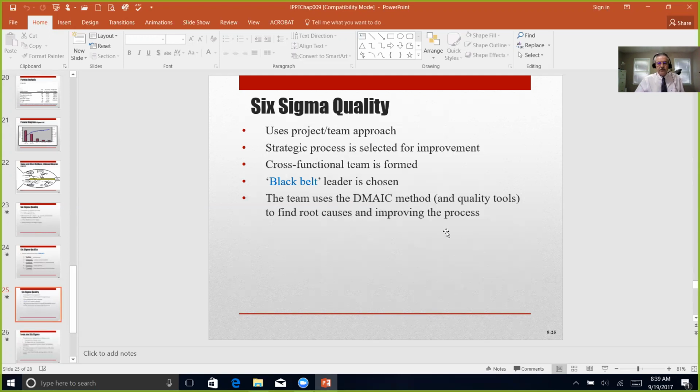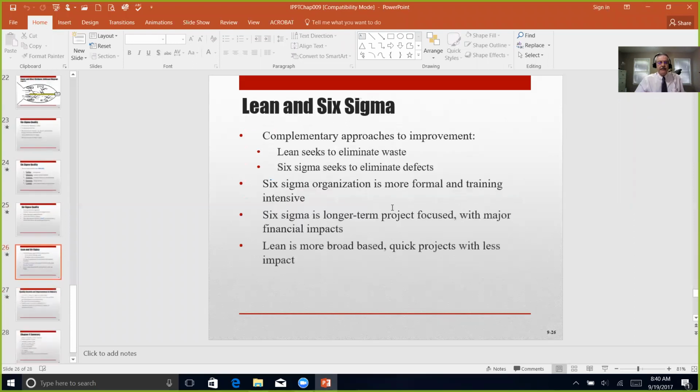Well, quality improvement in an organization is a lifelong organizational pursuit as well, because if you're not improving, then you're losing ground because your competitors are. Lean and Six Sigma. Again, table 9.5 on page 207 goes into a lot of differences of this type of information as well.